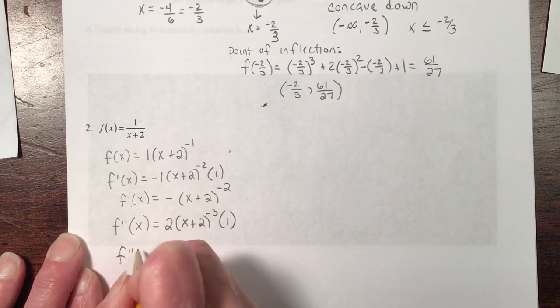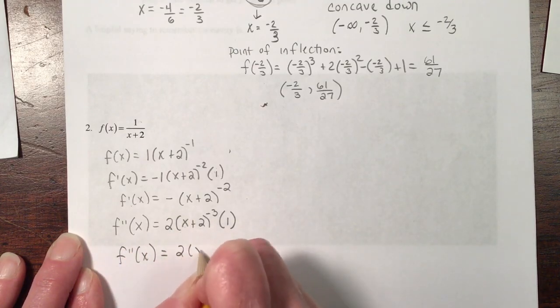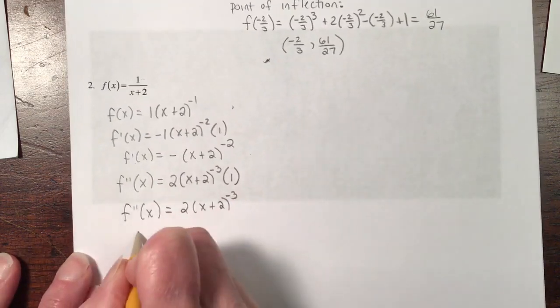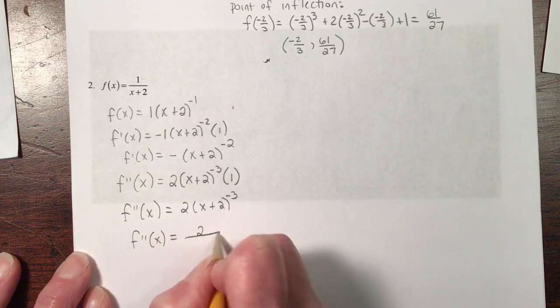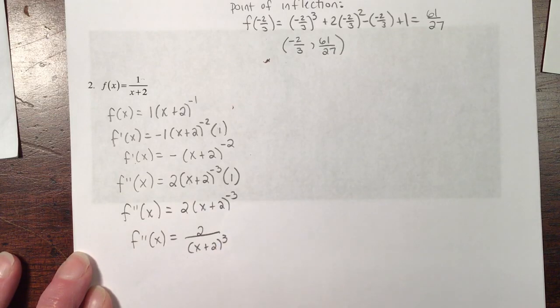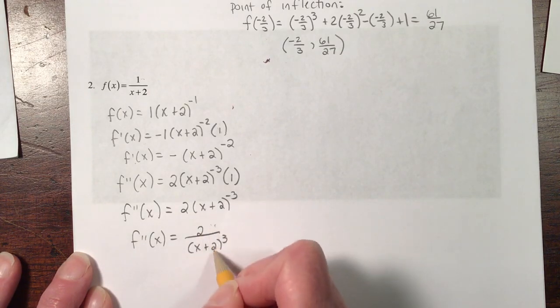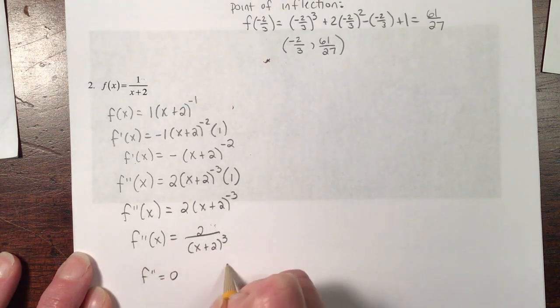My second derivative is 2 times x plus 2 to the negative 3rd power. However, since I know I'm going to be doing some work with this, I want to rewrite it with a positive exponent.